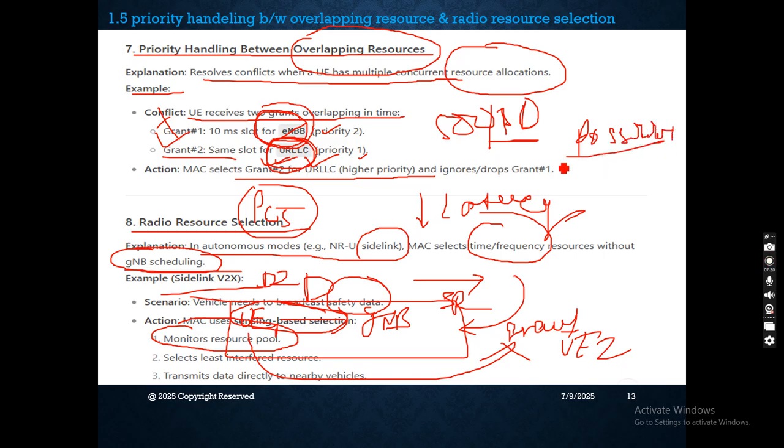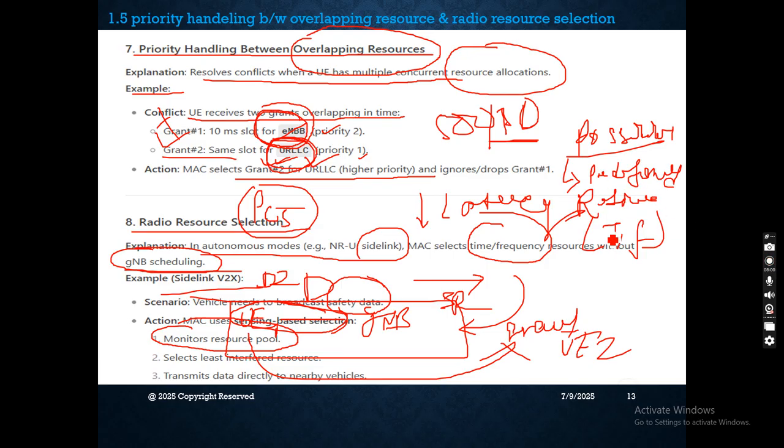One possibility is that we configure a predefined set of resource positions. We define the resource position in the time domain and the frequency domain, and based on that, you already know in advance where you need to transmit.